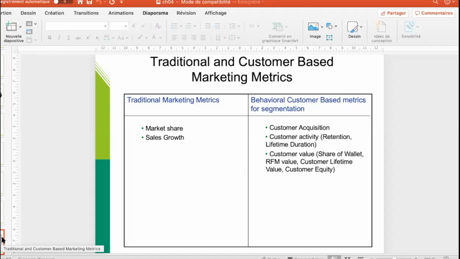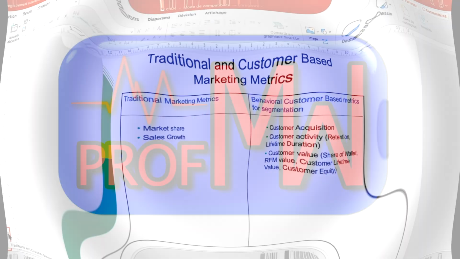And in the digital sector, it's rather easier because they do mass customization. The customers personalize their products on their own. The traditional marketing metrics are measured on the aggregated level, whereas the individual CRM metrics are based on the individual customer level.